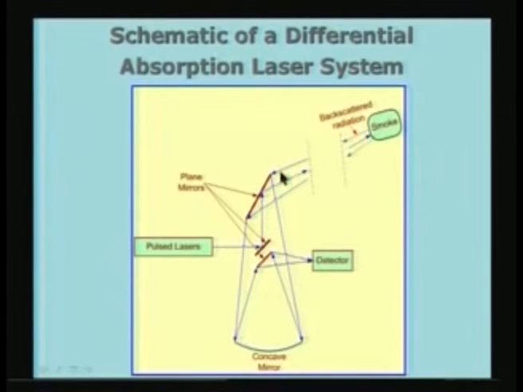So, I have two pulse lasers going in this direction, and here is where I have the gas whose concentration I have to measure. Let us look at what we can do. The light which leaves the pulse laser takes a certain amount of time to travel up to this, and then it starts returning.